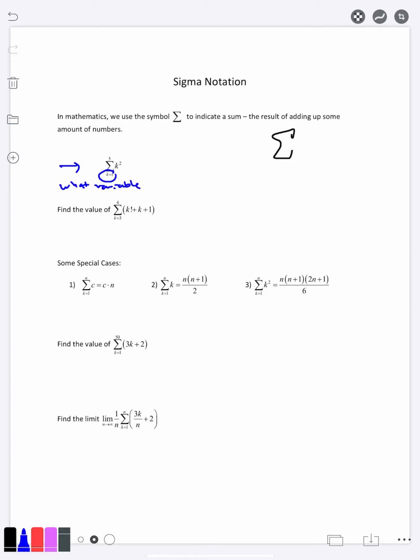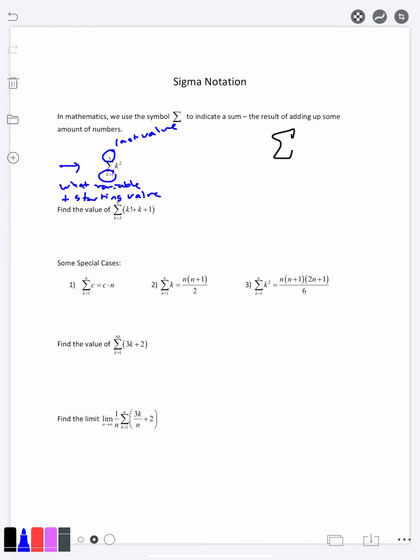And once it does, we know that k is our variable. We also know the starting value of k. So in this case, the starting value is going to be 1, which is a pretty common starting value for these sigma problems, but definitely not the only starting value you'll have. On top here, we're going to get the last value of the variable.